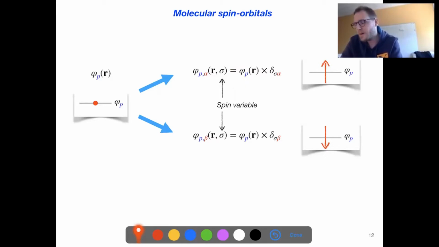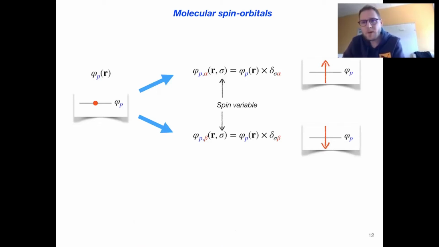And if sigma is not equal to alpha, you get 0, which is a way to say my electron has a spin up. This is written again thanks to this Kronecker delta function here. And so I have the two scenarios, spin up or spin down, okay?